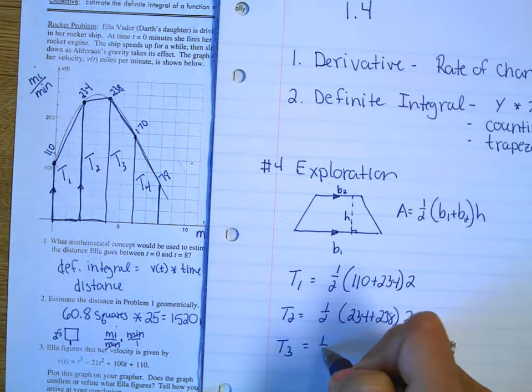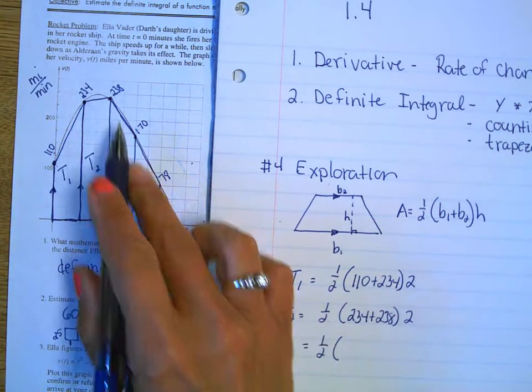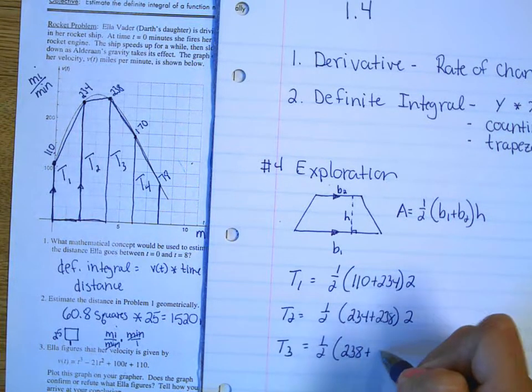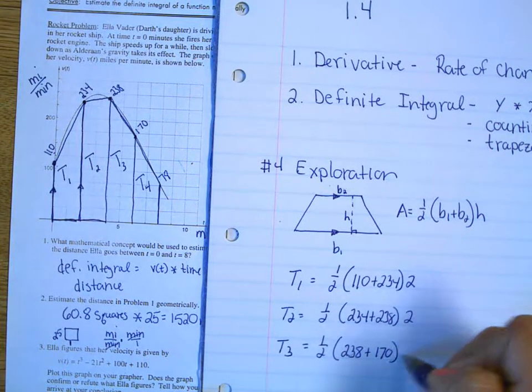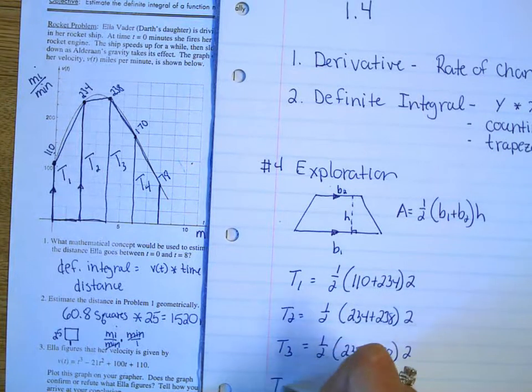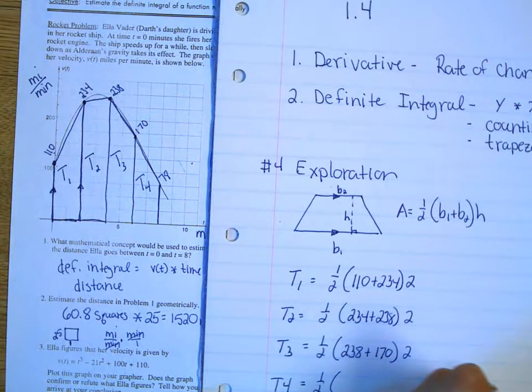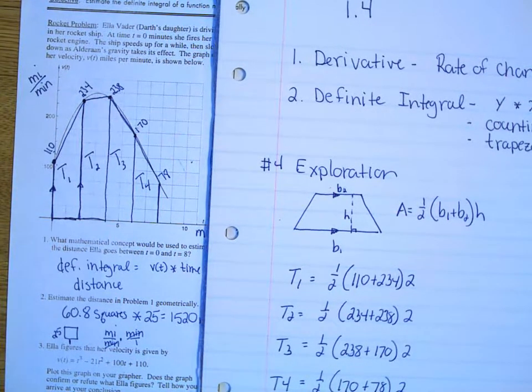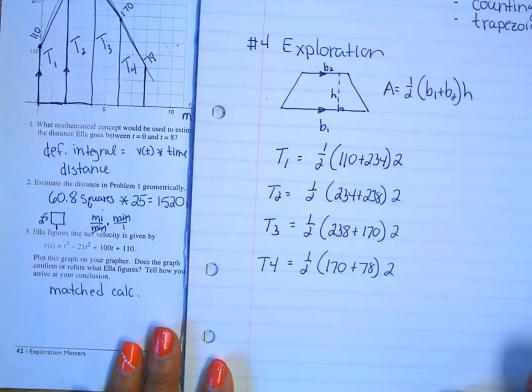Trapezoid 3 is 238 and 170. And then trapezoid 4 is 1/2 times 170 and 78 times 2. Okay. Oops, sorry, didn't get that one on there.